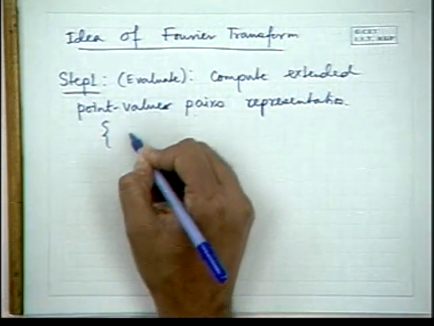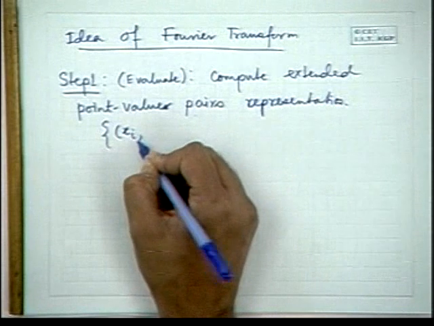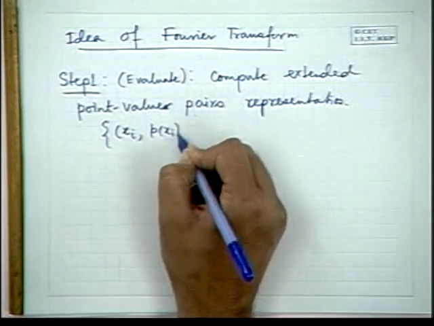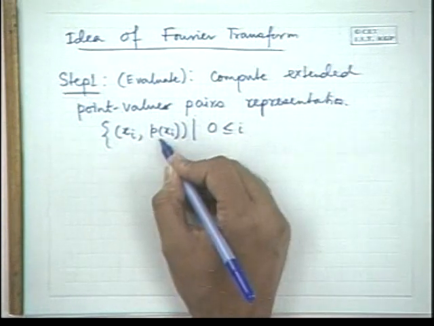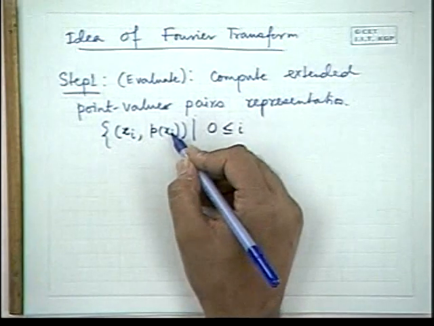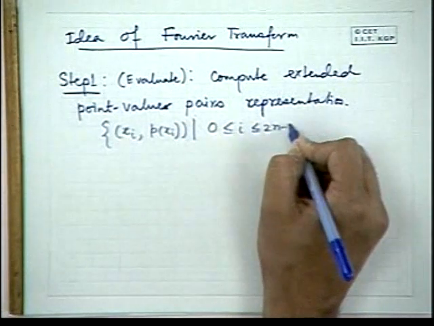Suppose we have been given the polynomial p(x), then we will be computing the pairs (xi, p(xi)), where p is of degree n minus 1, for i up to 2n minus 1.